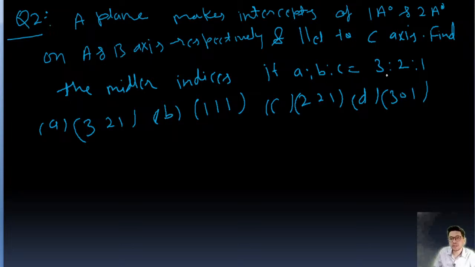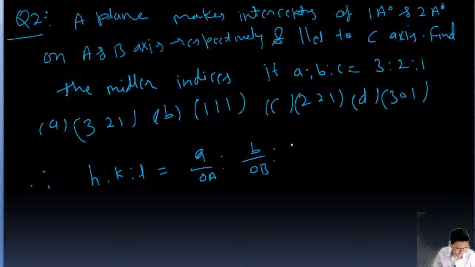So ABC is given, and it is given that the plane makes intercepts on the A and B axes of 1 angstrom and 2 angstrom. First of all, I'll write the formula: HKL equal to A upon OA ratio B upon OB ratio C upon OC, right?